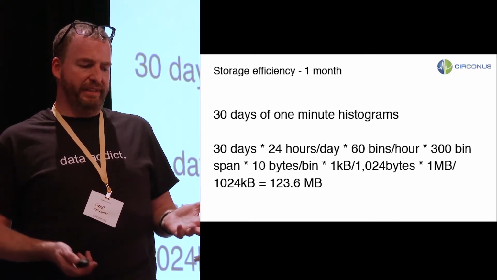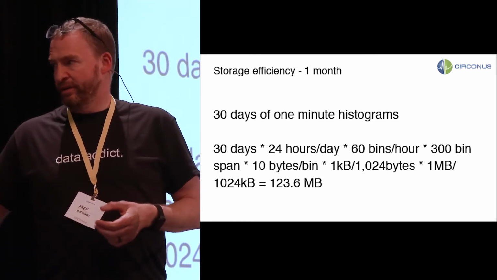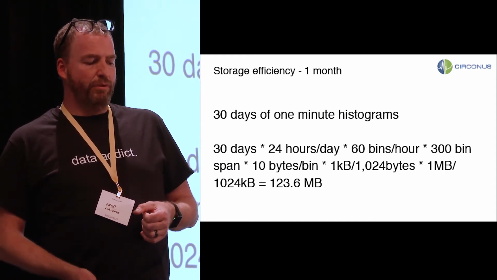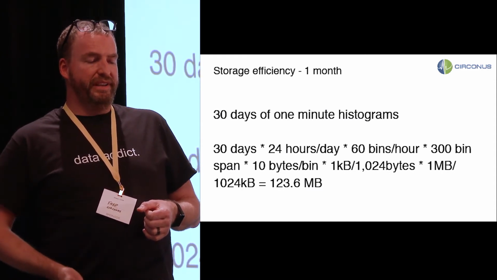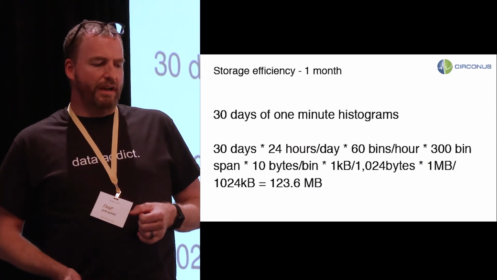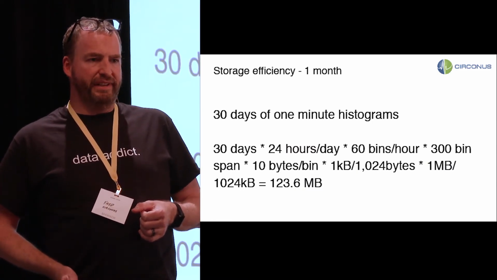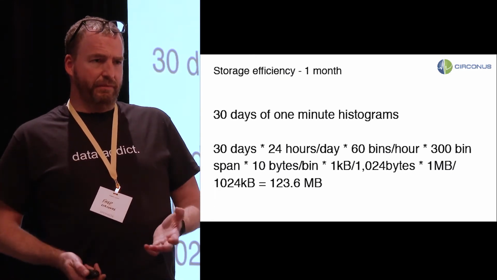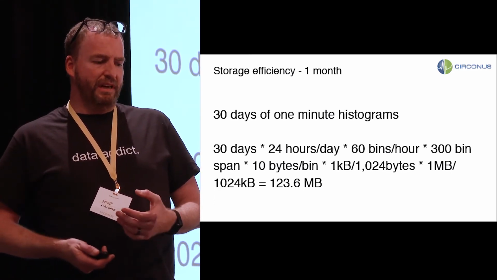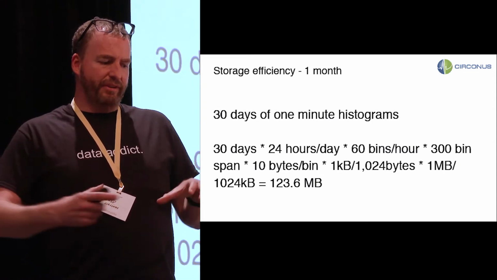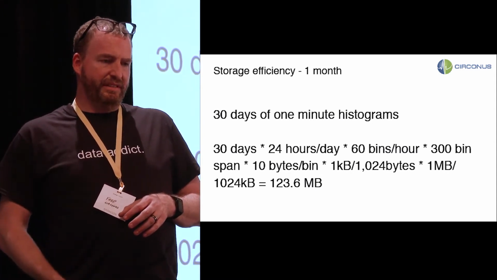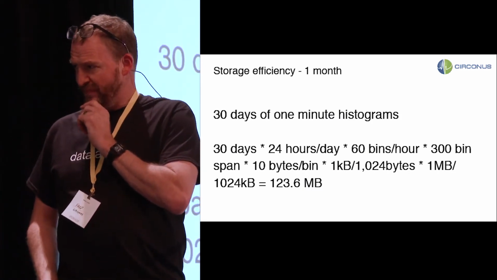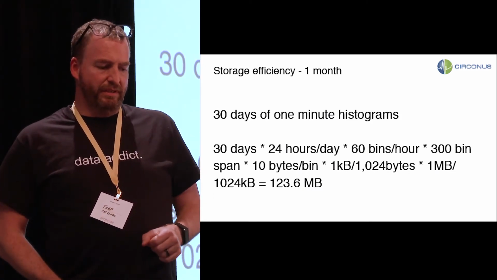And at 10 bytes a bin, and all the other conversion factors, you're looking at about 124 megs to store 30 days of 1 minute histograms. That's quite a bit of operational data. I can store latency from 1,000 servers aggregated over 30 days in 124 megs, and that's also sub-second disk read, so it's very performant.